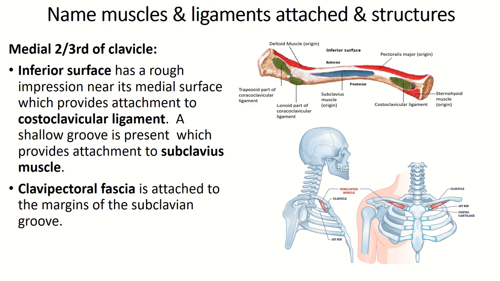On the inferior surface there is also a rough area near the sternal end for the costoclavicular ligament, a very strong ligament. You also see the coracoclavicular ligament, which has two parts, the conoid part and the trapezoid part. It is a very important ligament because the weight from the axial skeleton is passed to the upper limb by this ligament.